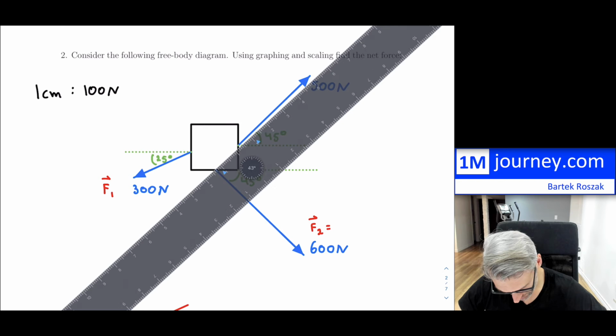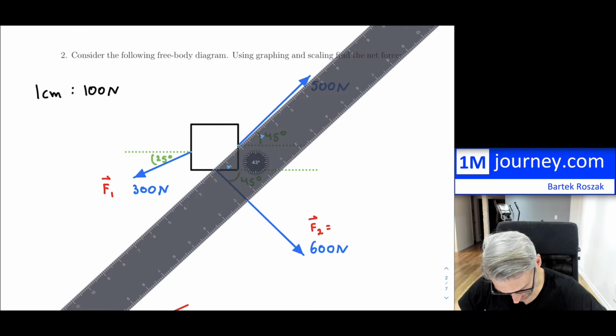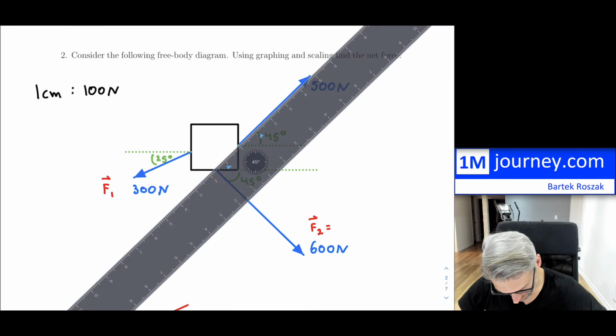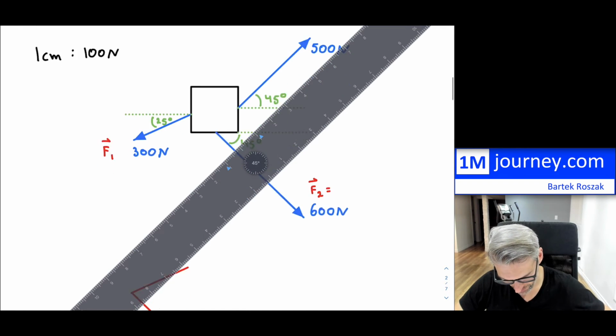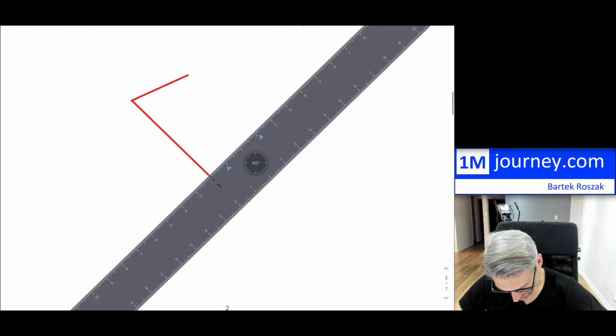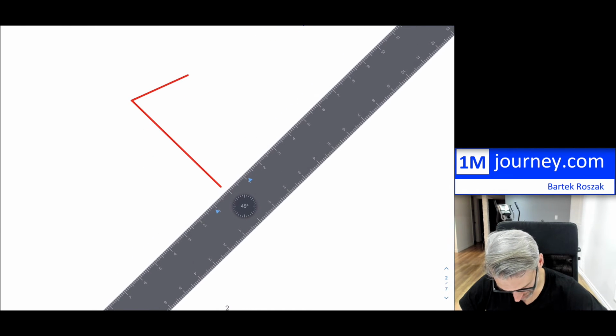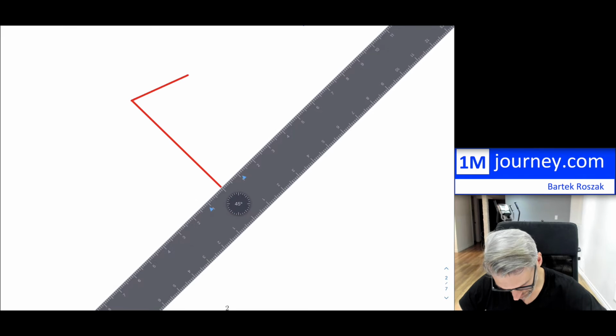Yep, there it is. It's 5. So that's pretty good. So that's 5, and then it's at 45 degrees. So we're going to attach it, 45, and we're going to draw 5 right there.